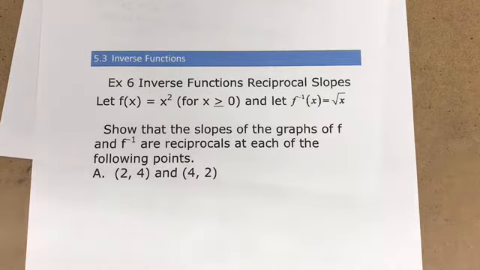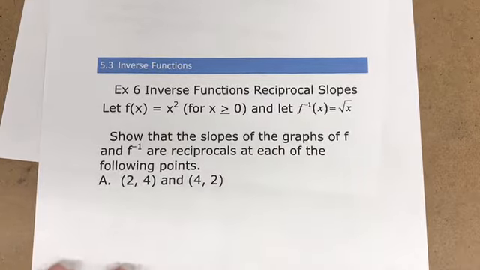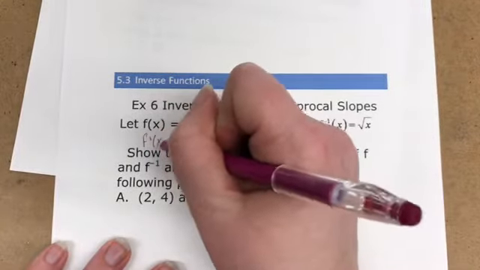For example 6, it says let f of x equal x squared for x is greater than or equal to 0, and let f inverse of x equal the square root of x. Show that the slopes of the graphs of f and f inverse are reciprocals at each of the following points. So I will go ahead and find the derivative of each of these functions since they gave me what the functions were.